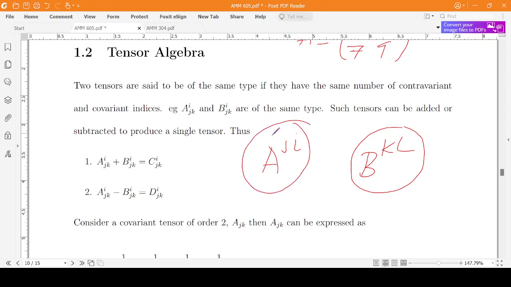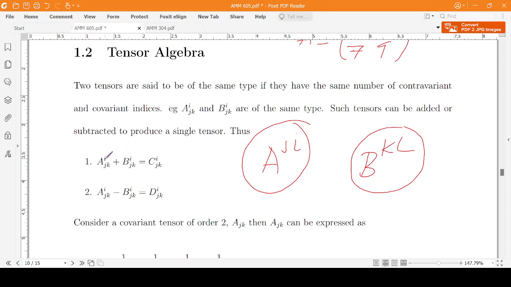A has two contravariant indices, B has two contravariant indices. It doesn't matter whether we call them ij or kl. Provided each has the same number, then we shall say that these tensors are similar or are of the same type.